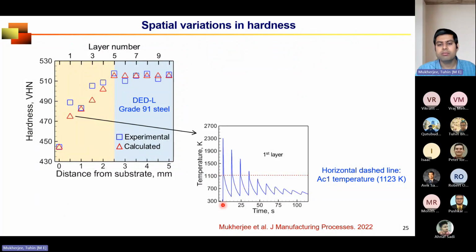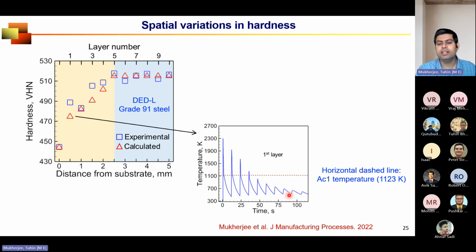Here you see that after the first cycle, all the martensite that formed becomes austenite again after the second cycle. After the third cycle, the same thing happened. After the fourth cycle, the same thing happened. But after the fifth cycle, you see the martensite is not transforming back to austenite again.